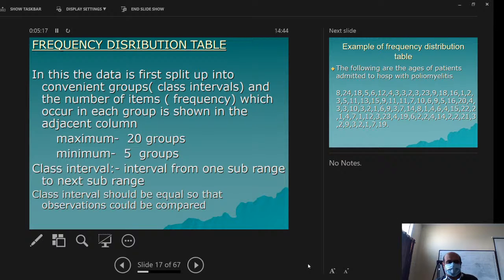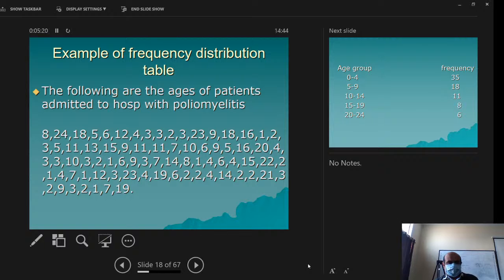Maximum 20 and minimum 5 groups. So the example of a frequency distribution table is like this.